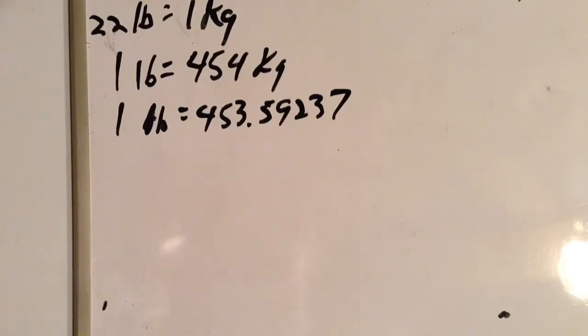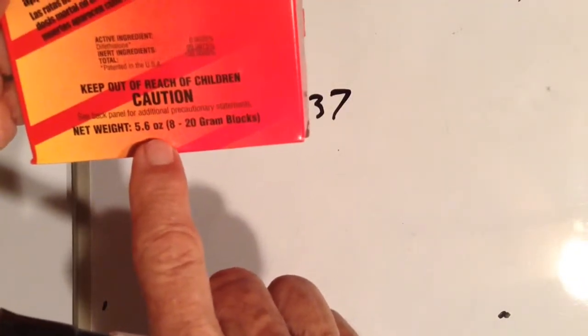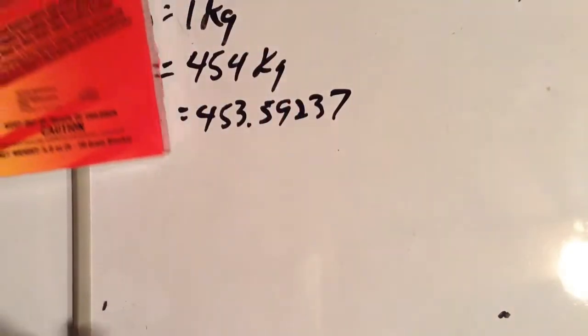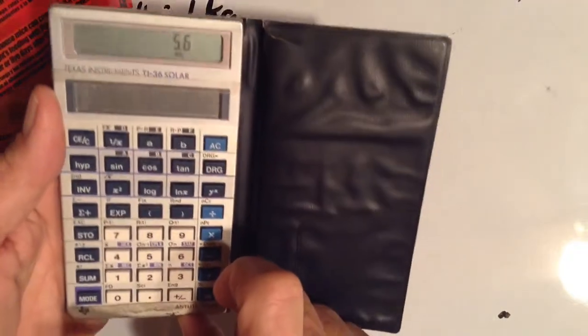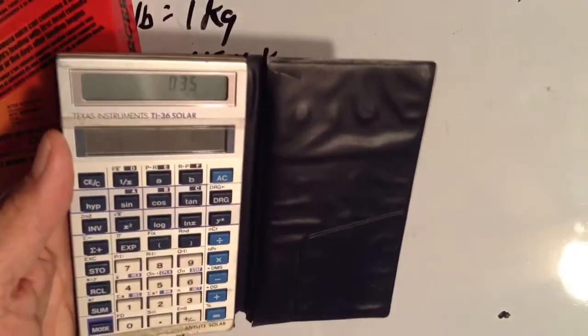Here's a box of rat poison. It says net weight 5.6 ounces, and there are 8 20-gram blocks here. Let's check that out. 5.6 ounces. Well, there's 16 ounces per pound, so divided by 16 gives us 0.35 pounds.